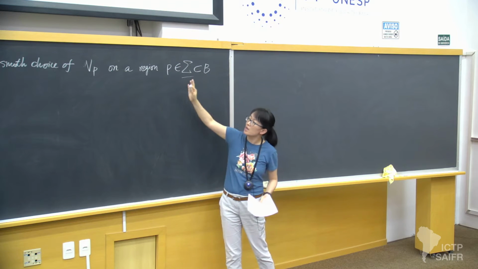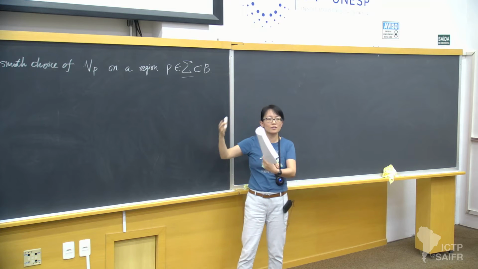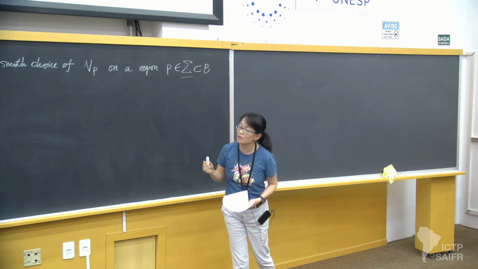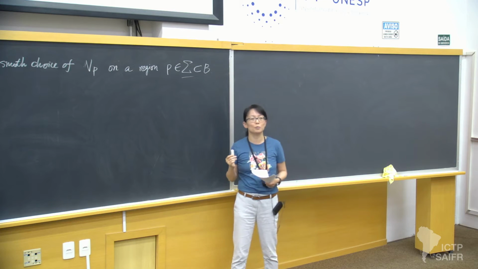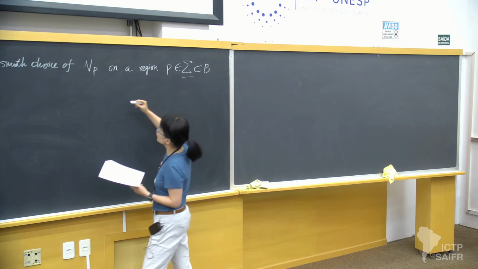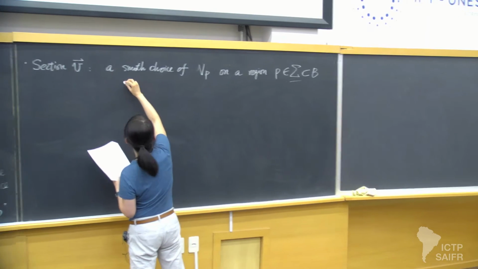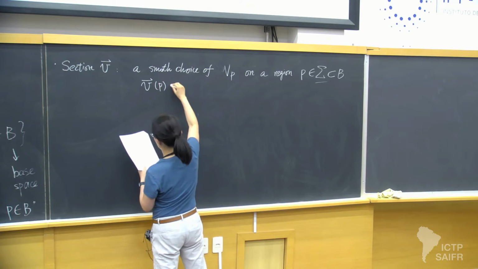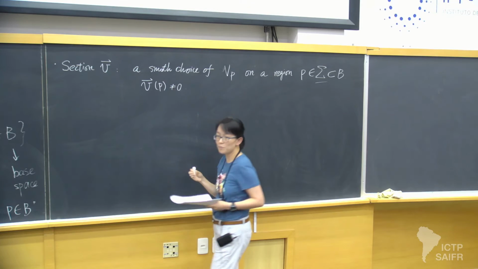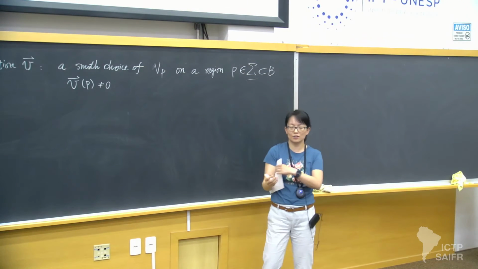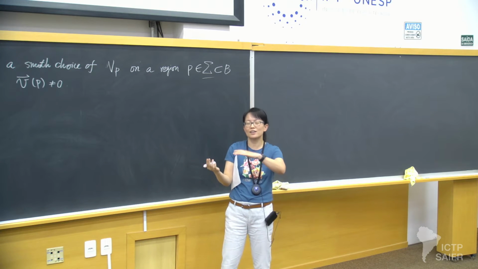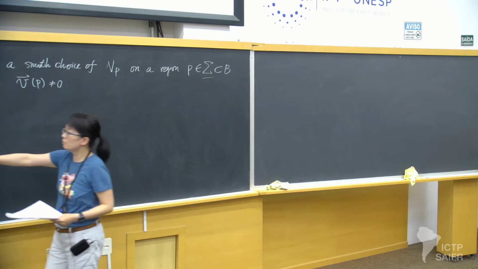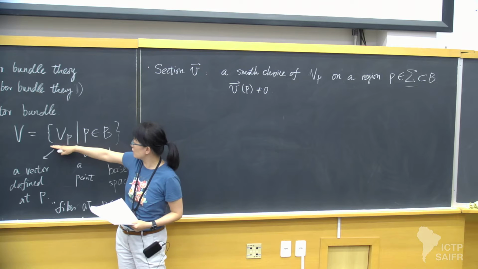If you define such a smooth choice of fibers on this region sigma, then you say that I have a section of that vector bundle, okay? And usually we require that V of P is not 0, okay? So you can think of it as like you take fibers on this area and you give it a cut, right? So that on each point, this is a vector space.